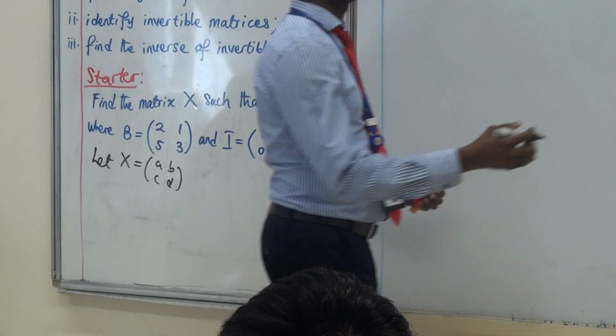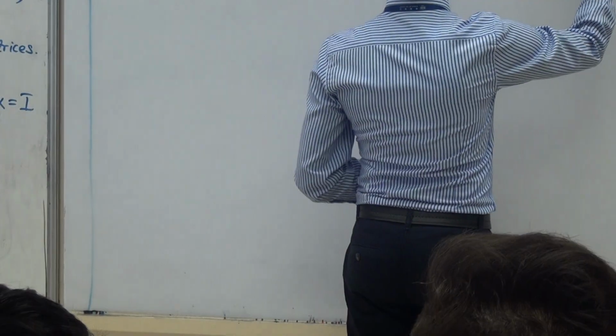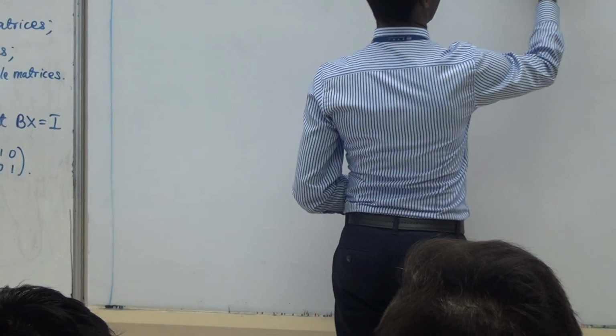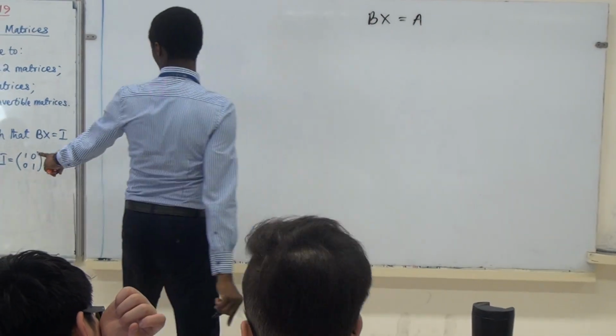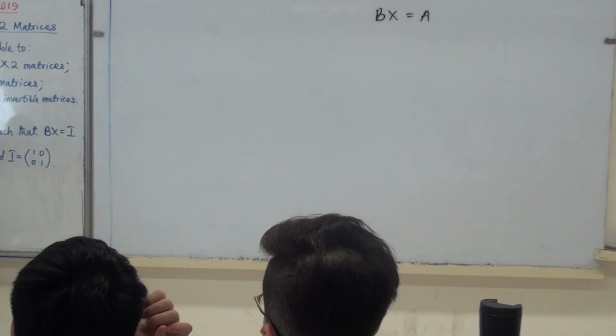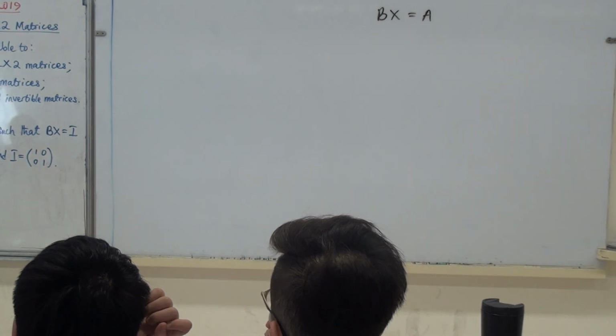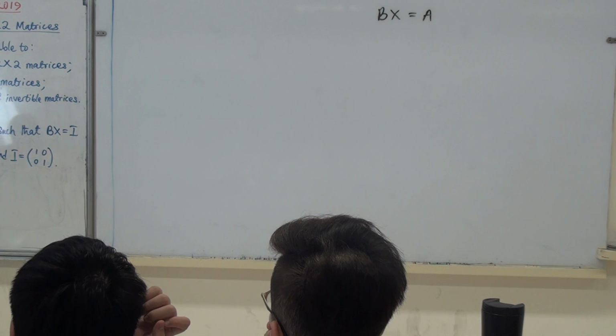I gave you matrix B, I gave you maybe matrix A, then I asked you to find X. And somebody did let X be a, b, c, d, did the multiplication, formed the equation, and solved. Maybe you? I don't know who, but somebody did that.